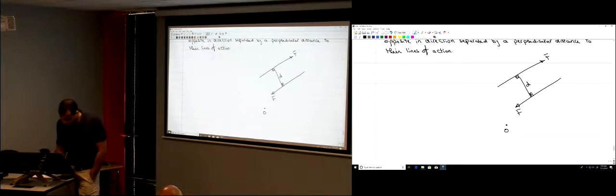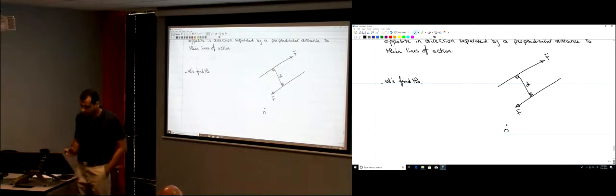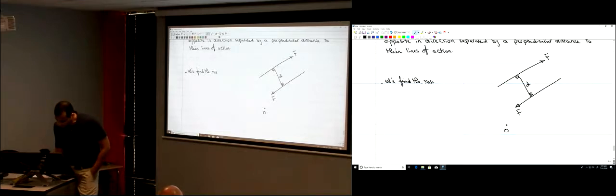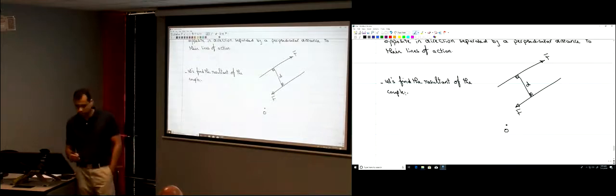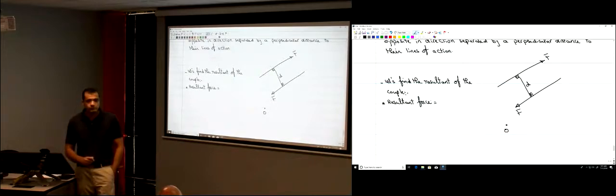So now, before finding the moment, let's find the resultant of them. Those two forces, what's the resultant force of them?